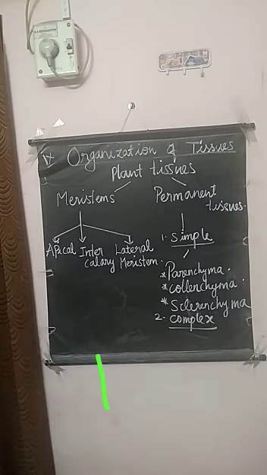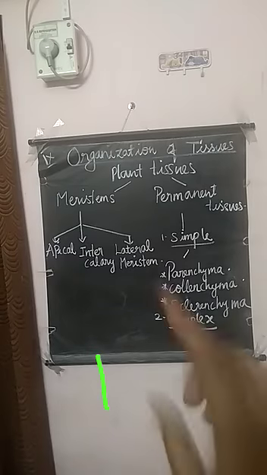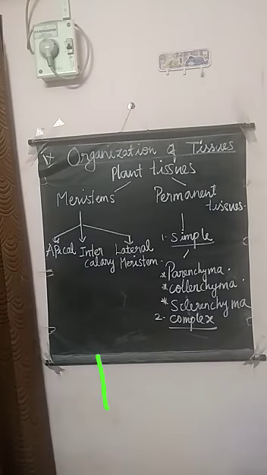Now we move on to the first one: what are meristems? Meristem is derived from the Greek word, meaning divisible or having cell division activity.